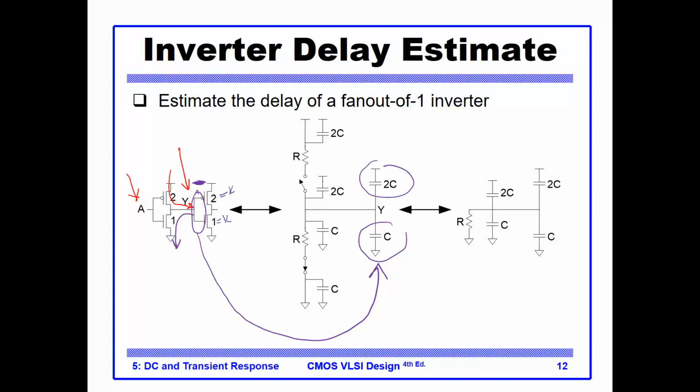These are two different cases. So for the gate capacitance seen by this device, it is K times C. Since K equals 2, this becomes 2C. And for this device, it is K times C, and K for this NMOS equals 1, so it is equal to C.